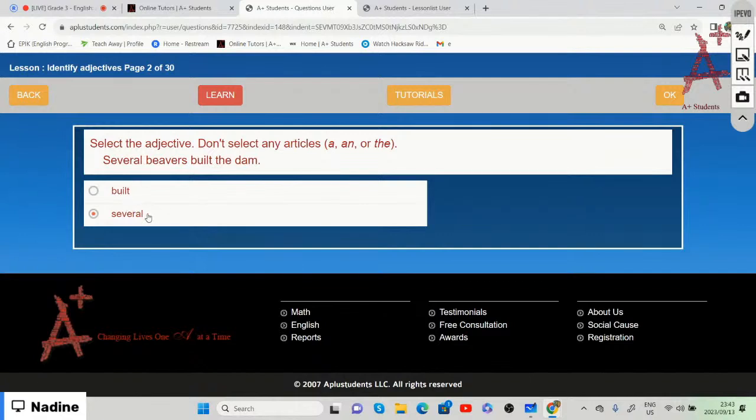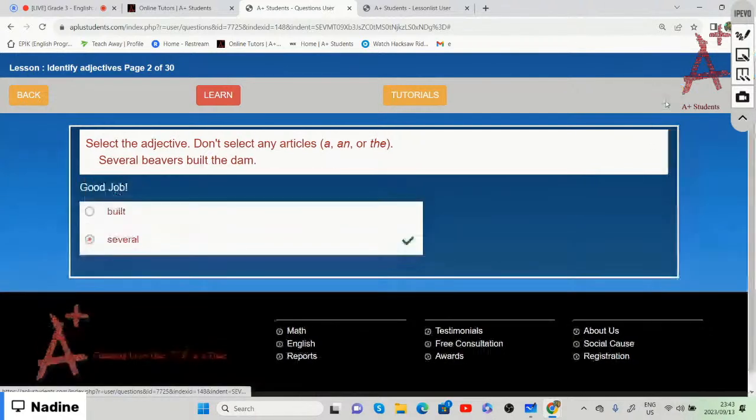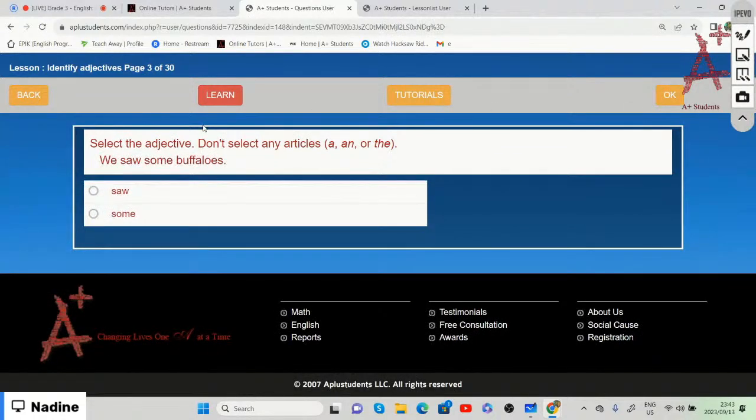They could have said some beavers, a few beavers, a lot of beavers, many beavers. Those are the adjectives that they could have used. But they used several beavers built the dam. So several is the adjective that tells us how many beavers built the dam. So several is correct. Well done.